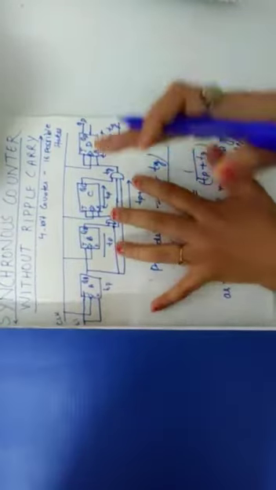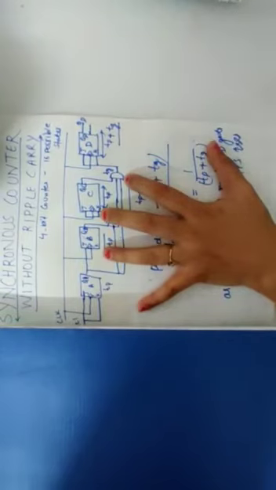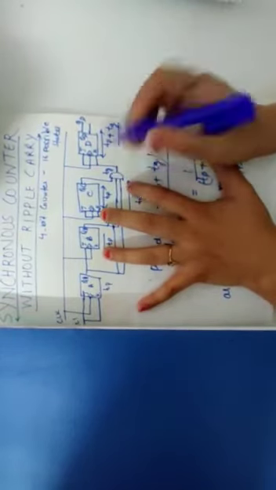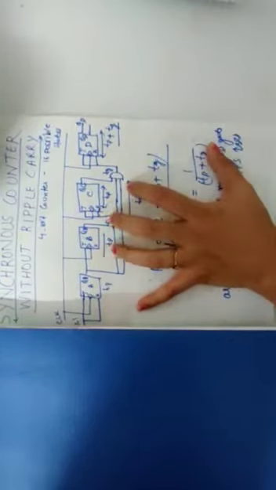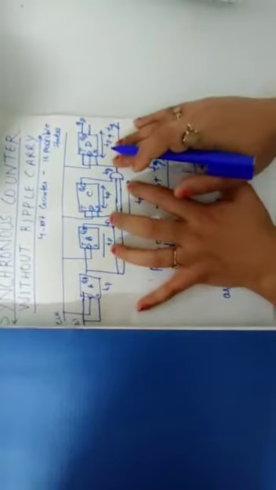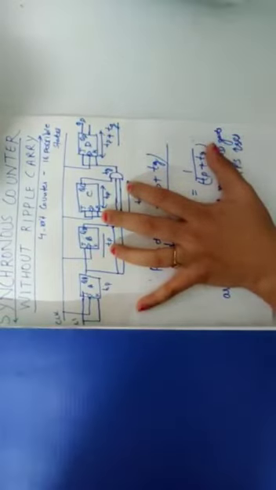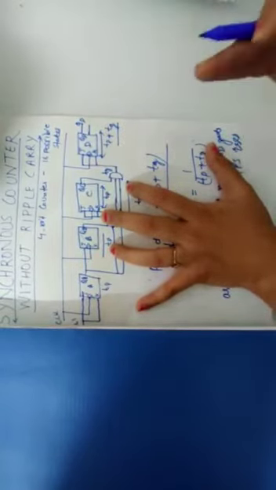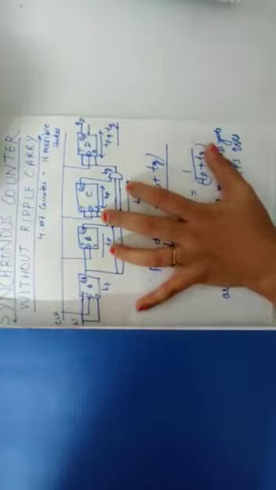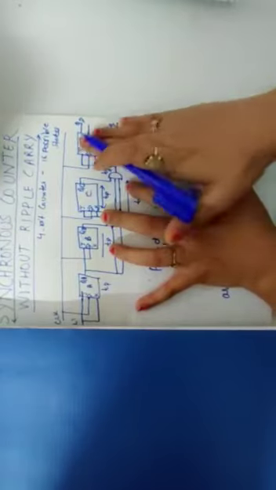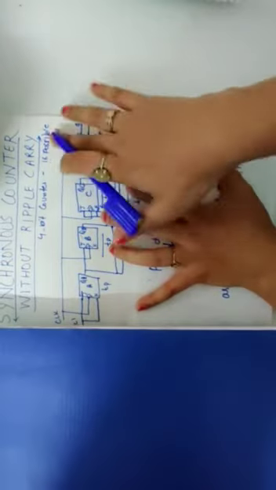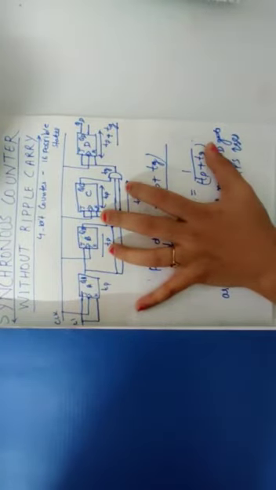But as you add more flip-flops, the fan-in also increases, so it is possible that for the higher flip-flops the output may or may not be accurate. So there is a slight accuracy issue with this without ripple carry case, but this is for a higher number of flip-flops.